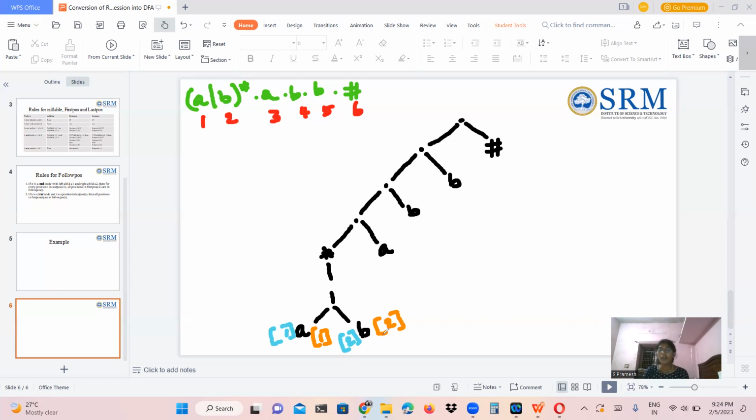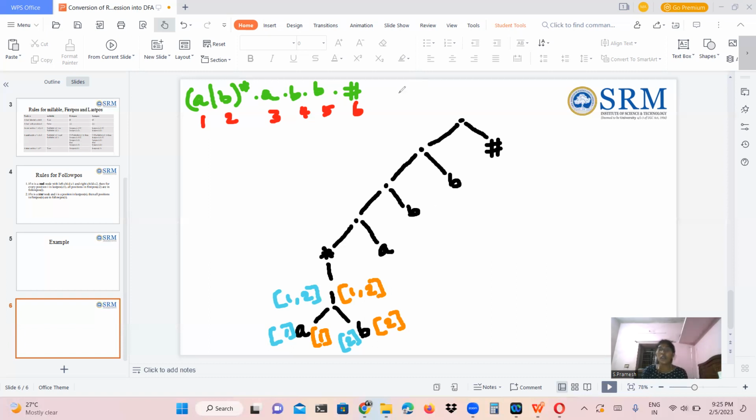First position of right child is 2. Take the two values and combine together, so you'll get 1, 2 here. And for the last position of this OR symbol, again the same rule. Only thing is you have to consider the last position. So last position of left child is 1. Last position of right child is 2. So combine together, so you'll get 1, 2.